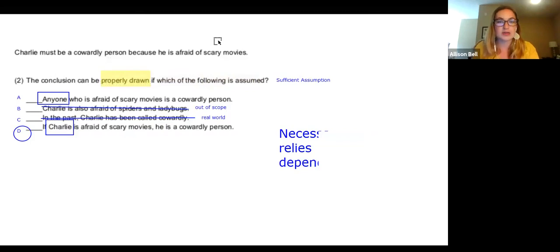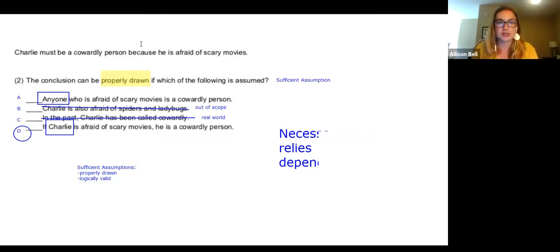And when you're asked a question like that, your thought process changes a little bit. So I'm going to jot a quick note over here for anyone who's taking notes out there. For sufficient assumptions, some of the words that you'll see in the question stem are properly drawn, logically valid, and we'll ask you for something that will make the argument 100% true.